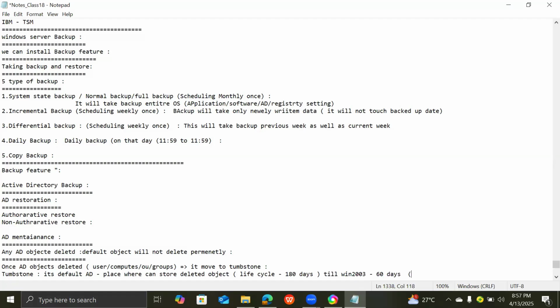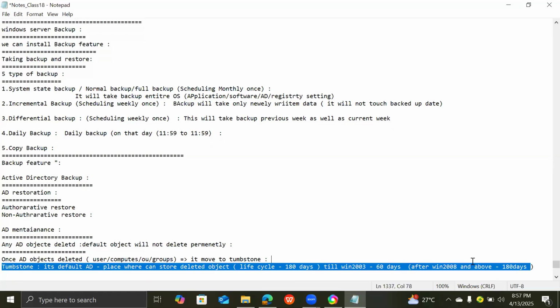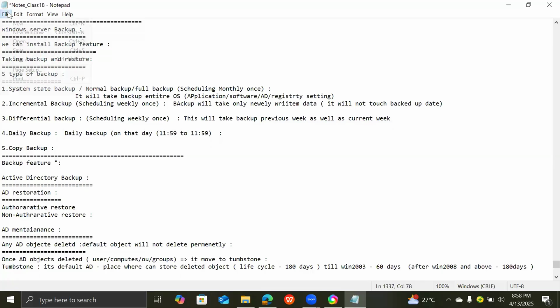But after Windows 2008 and above, the life cycle is 180 days. These days can be modified in the Active Directory partitions.